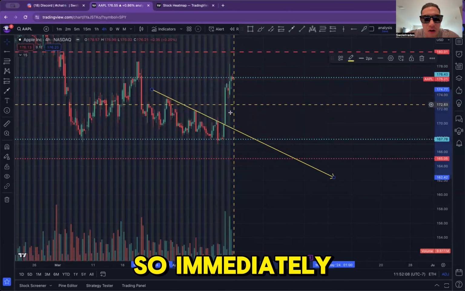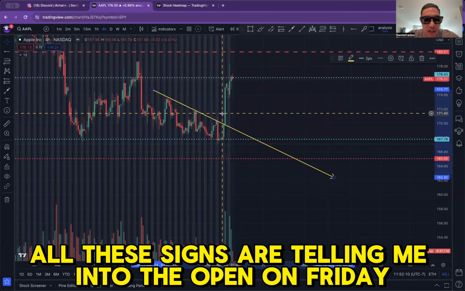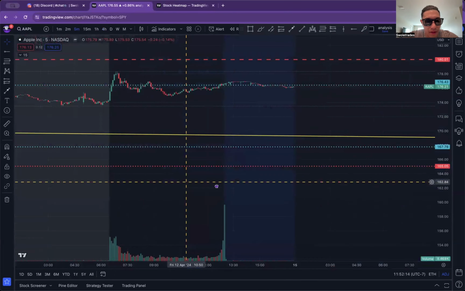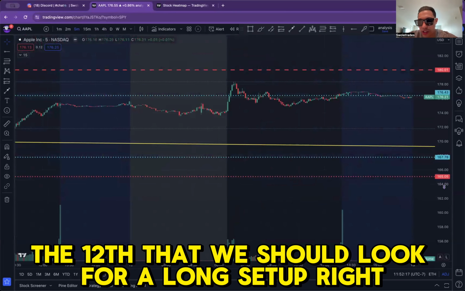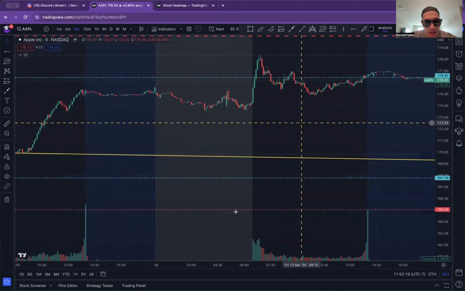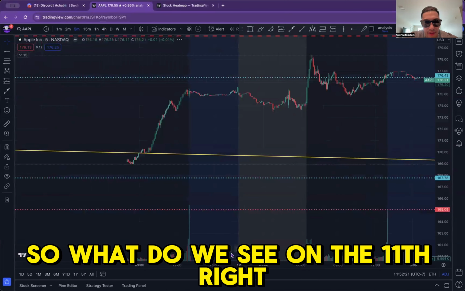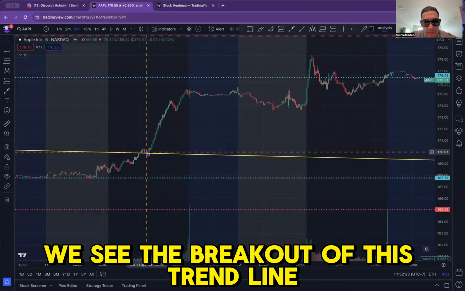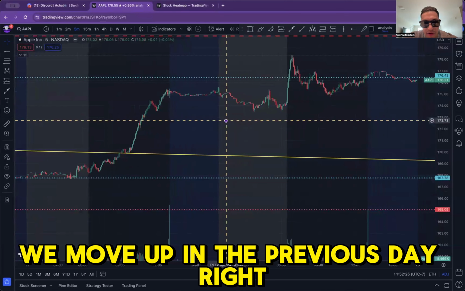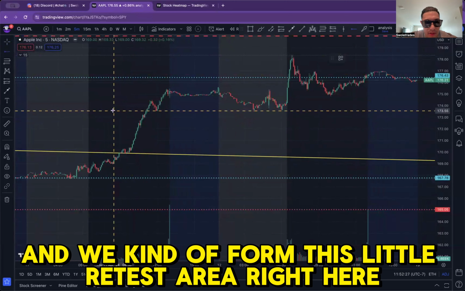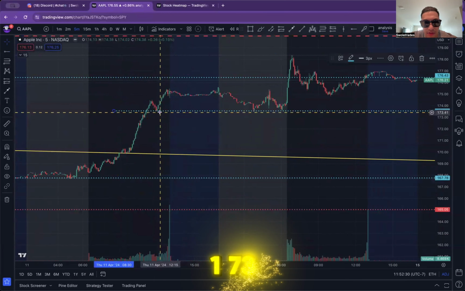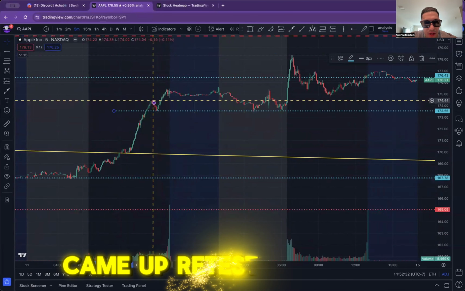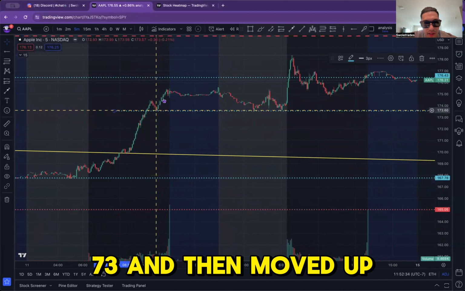So immediately all these signs are telling me into the open on Friday, the 11th, that we should look for a long setup. What do we see on the 11th? We see the breakout of this trend line. We move up in the previous day, and we formed this little retest area right here, 173.55. Came up, retested this 173, and then moved up.